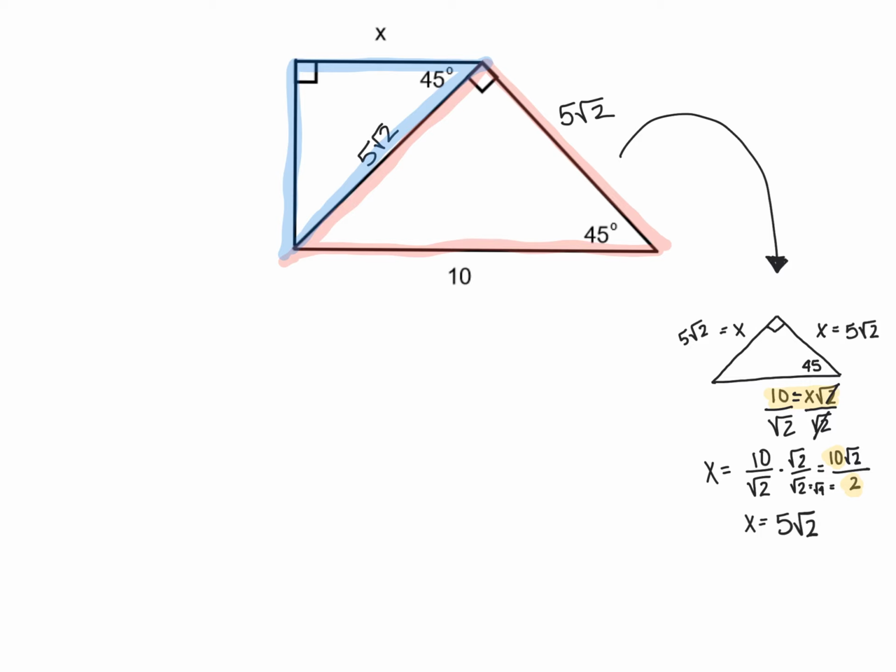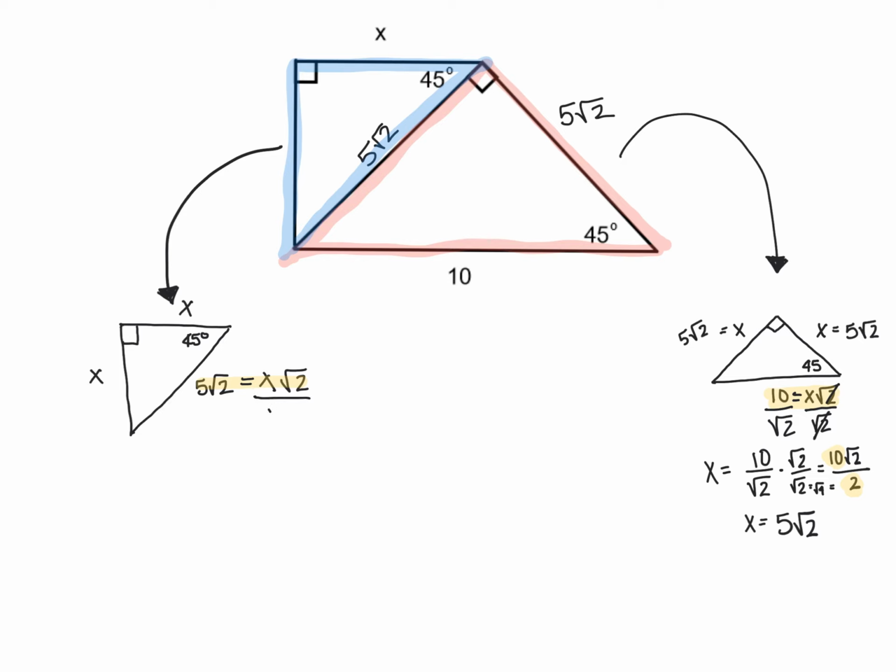And now I can focus on my second triangle, which I highlighted in blue. I redrew the blue triangle out here so that you can see it a little better and we can label it. So same thing, I'm going to start with my formula, so x, x, and then x square root of 2. On the side that I have two things on, I'm going to go ahead and set those equal to each other.